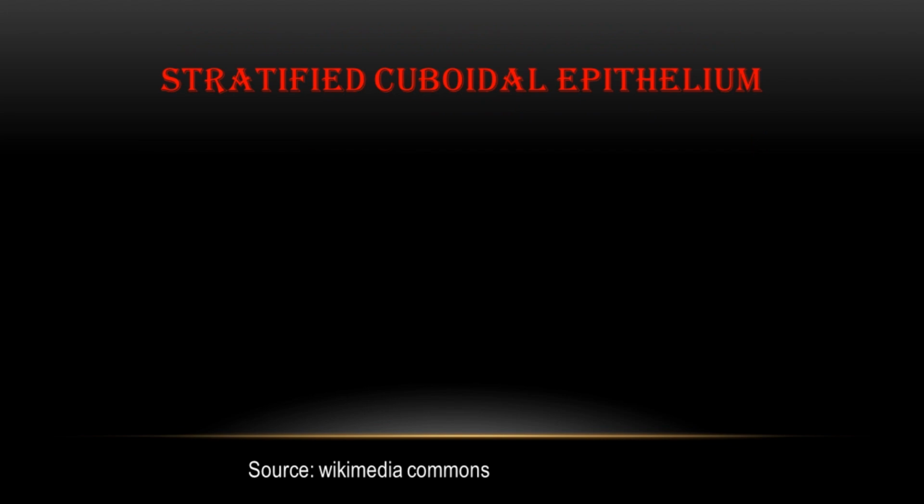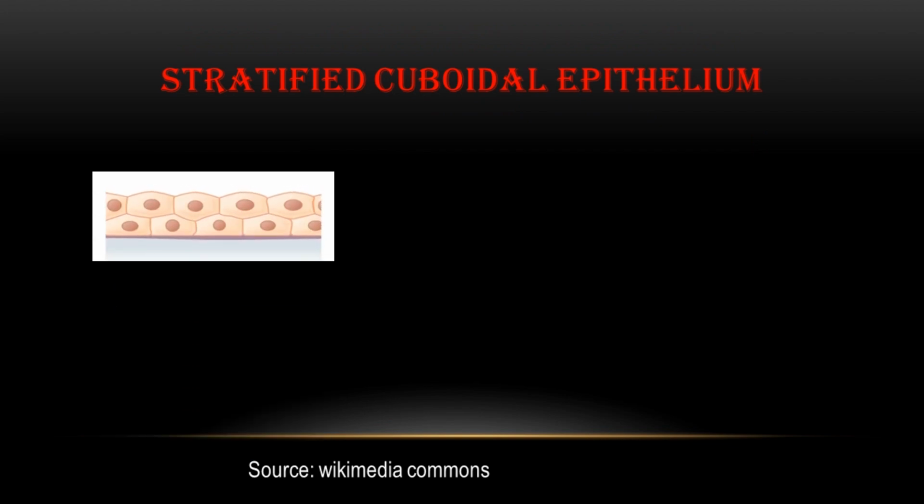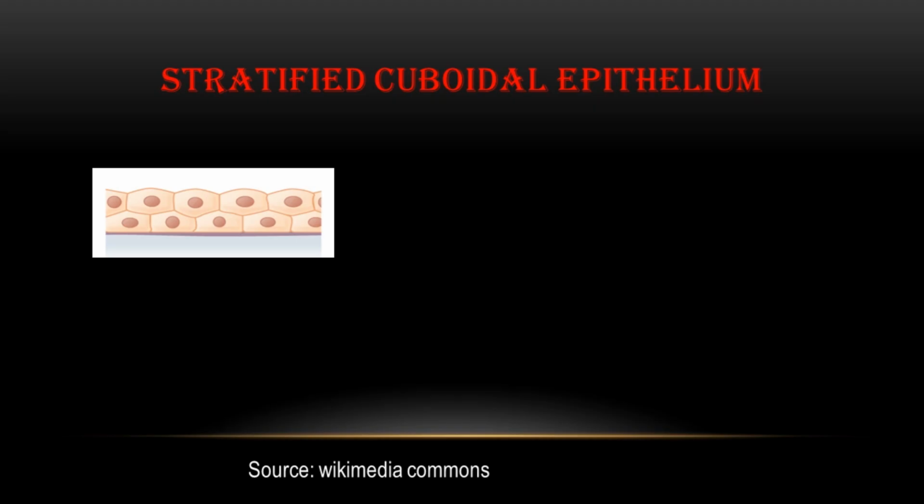Next, we have the stratified cuboidal epithelium. It is quite thin with 2 or 3 layers of cuboidal cells as shown here. This type of epithelium is rarely found and it helps in structural reinforcement. It is found in the lining of excretory ducts of exocrine glands like salivary glands or sweat glands.